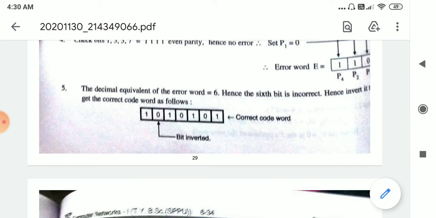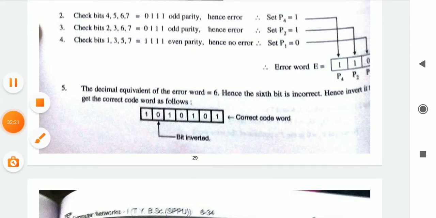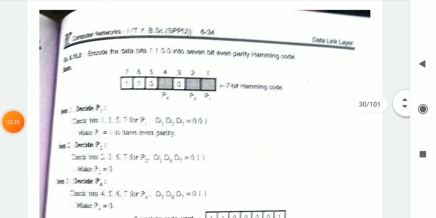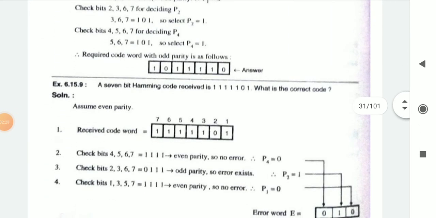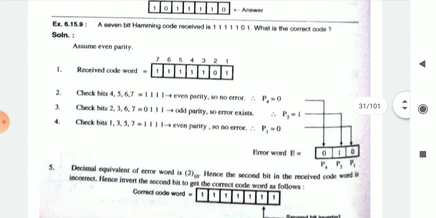This is the correct code word. These are the examples. A 7-bit Hamming code received is 111101. What is the correct code?